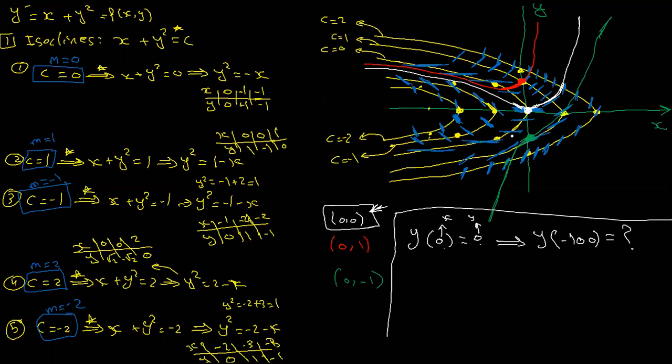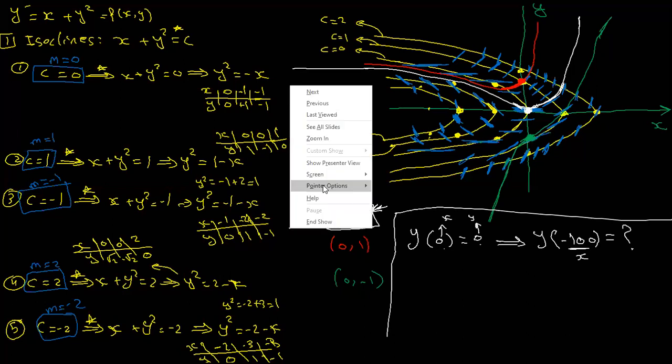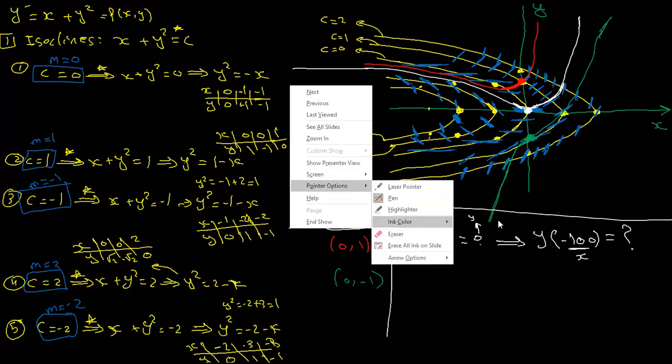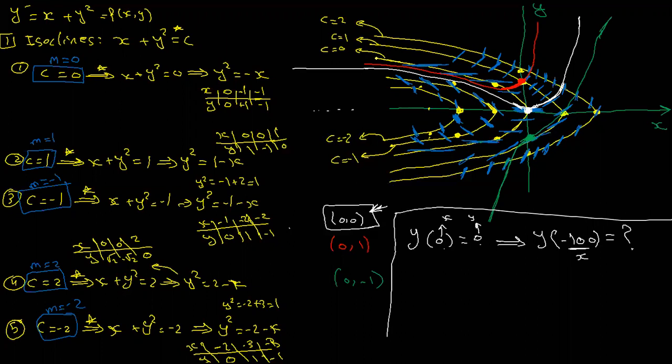Now, the x which I need is negative 100, so my x is here, here, here. Negative 100 is far away on the left-hand side. So my curve goes like this. I don't know my curve exactly, but what I know is that the isocline also will be like this.